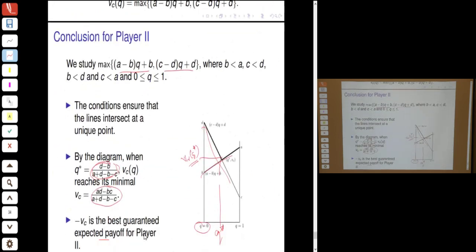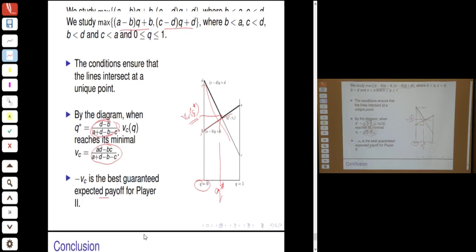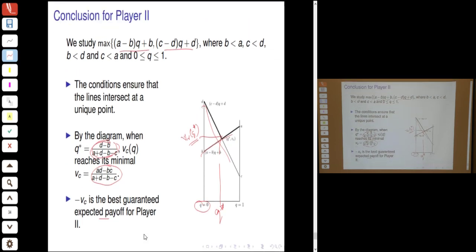So the best expected payoffs should be the same, and minus V_C is the best guaranteed expected payoff for player 2.